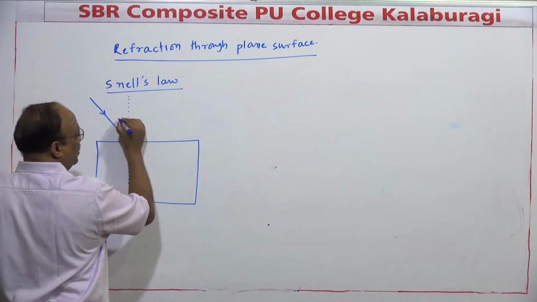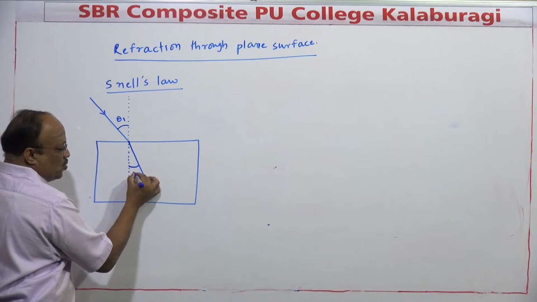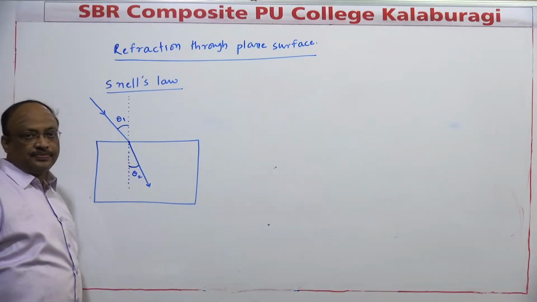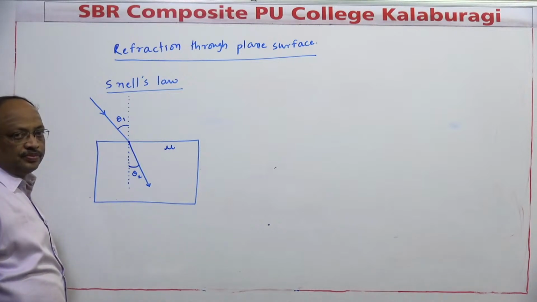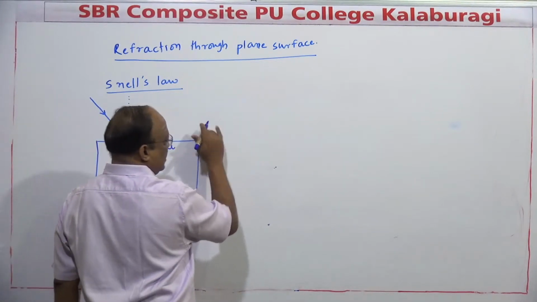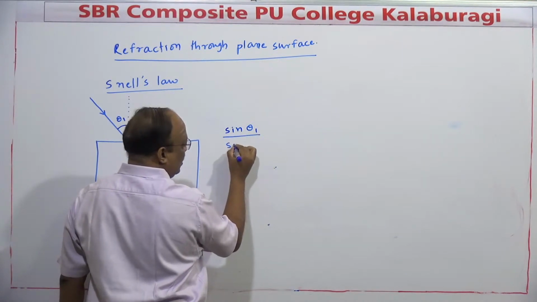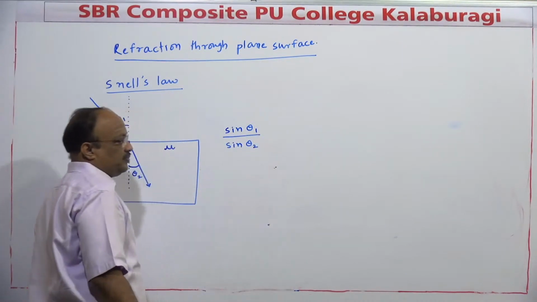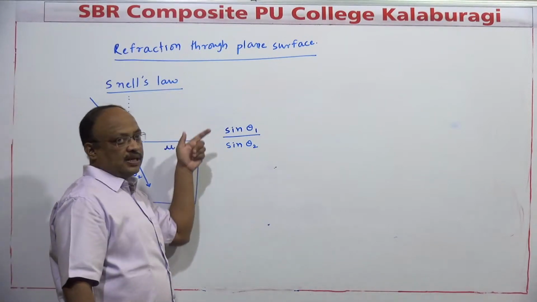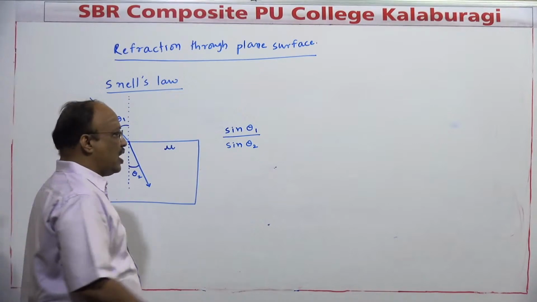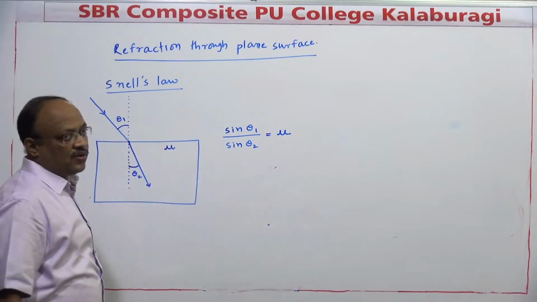If theta 1 is the angle of incidence and theta 2 is the angle of refraction, and the medium has refractive index mu, then Snell's second law says the ratio of the sine of the angle of incidence to the sine of the angle of refraction is a constant, and that is equal to the absolute refractive index of the medium.